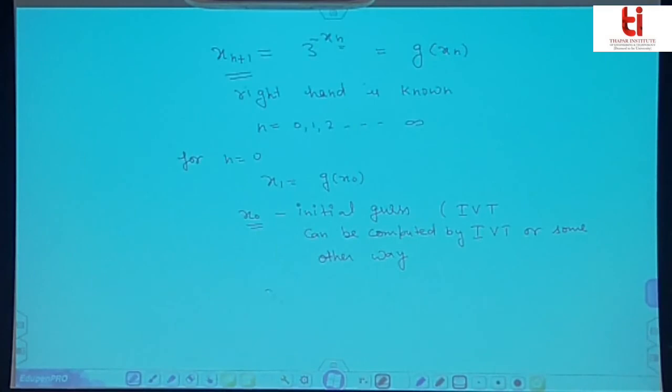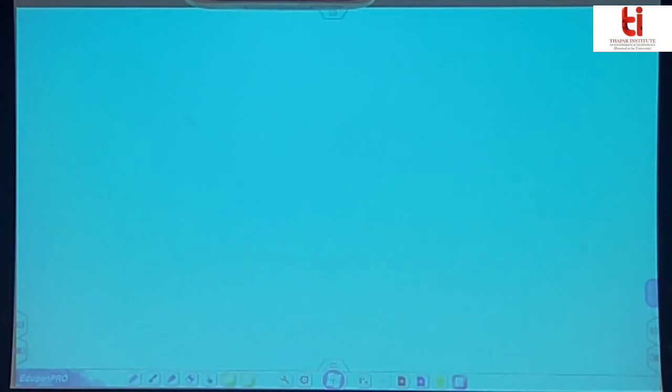Then after getting the value of x1, we put n equal to 1 and compute x2 by putting the value of x1 in the g function. We continue this process to compute x0, x1, x2, xn, and so on.